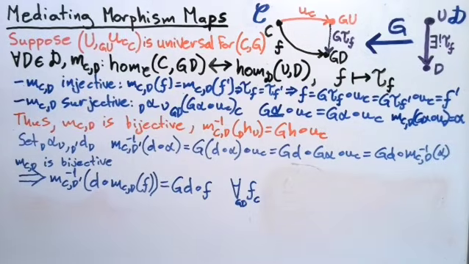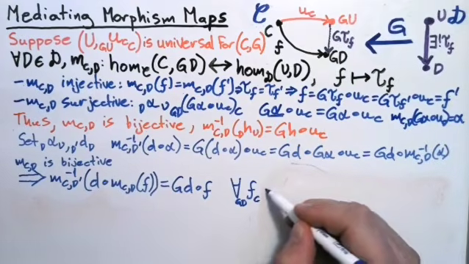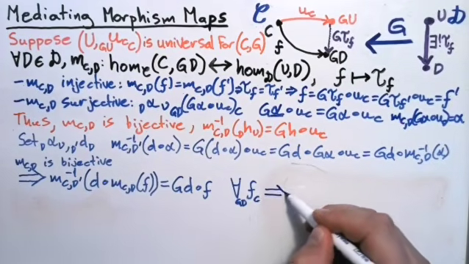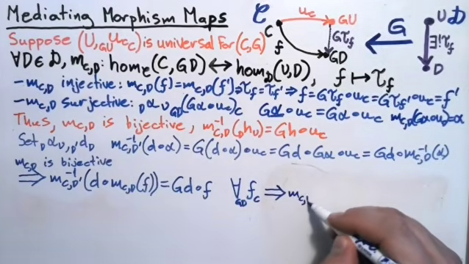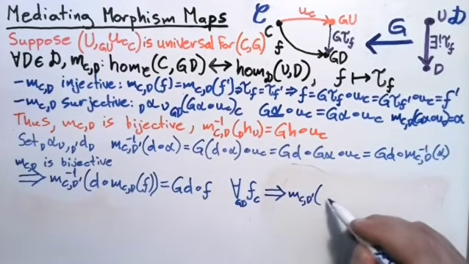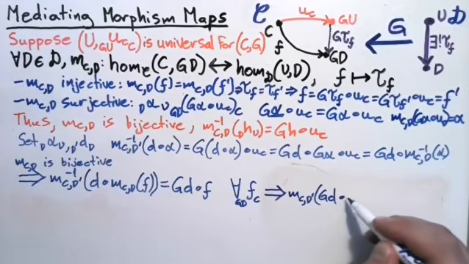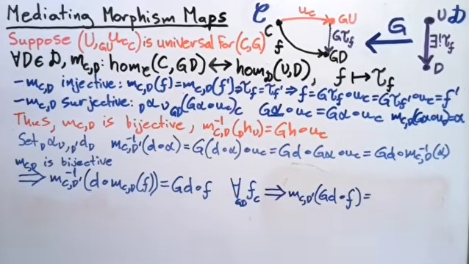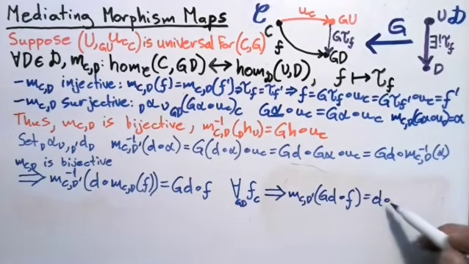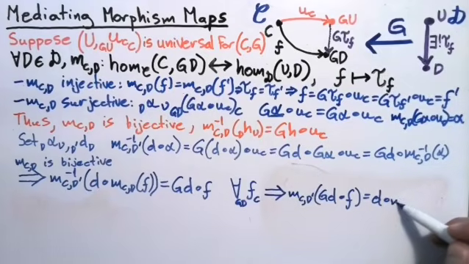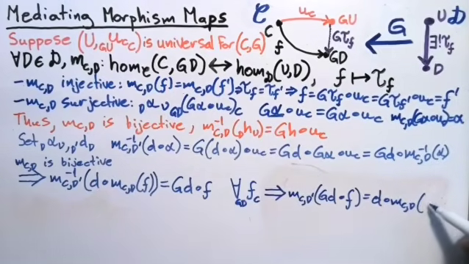Well, then we can apply MCD prime to both sides. So if we put this side first, we get MCD prime of GD after F is equal to, and then this is obviously going to cancel with MCD prime, so we just get D after MCD of F.